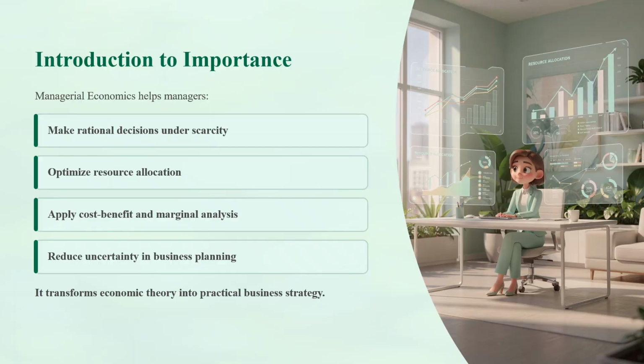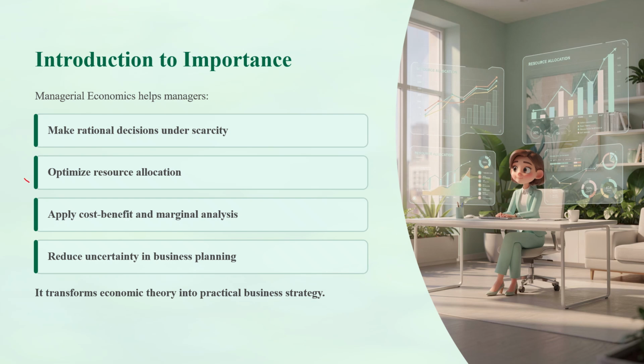Here you have seen the importance of managerial economics. The key points are shown in the flow chart. You have seen that managerial economics helps managers make rational decisions under scarcity. It may not be guesswork.